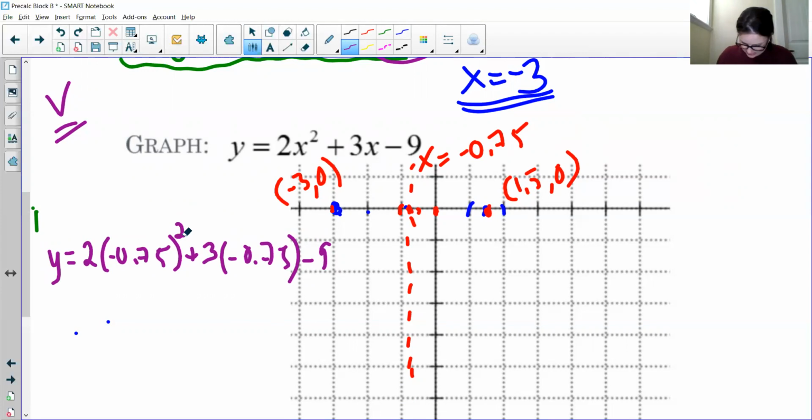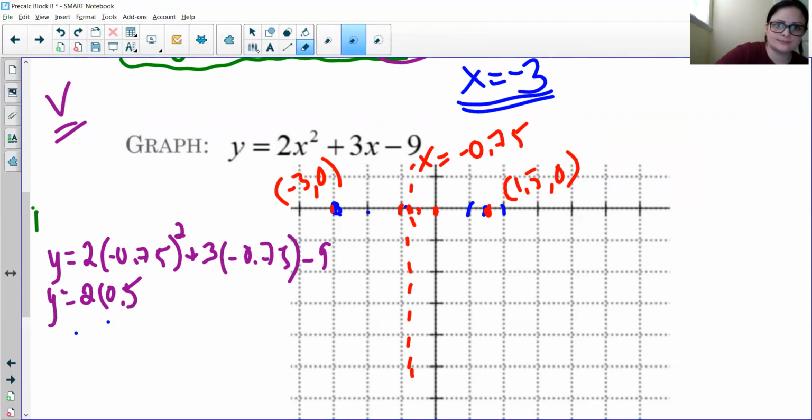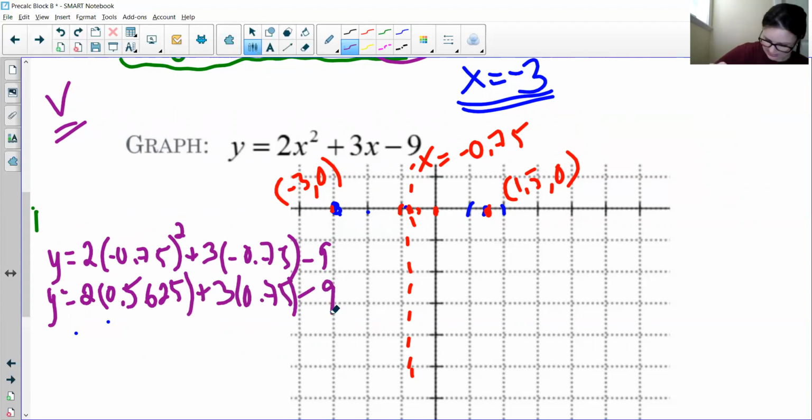So y equals 2. I have to square that negative 0.75 first, which is 0.5625. I then still have to do all this stuff. Okay, so then I'm going to do all my multiplications.